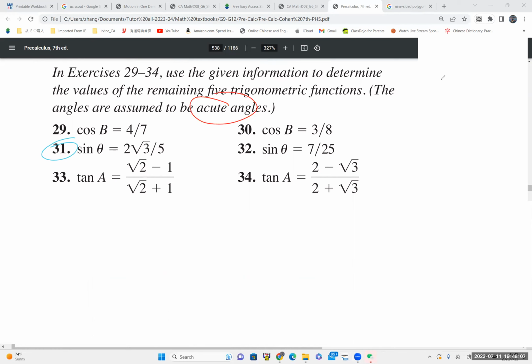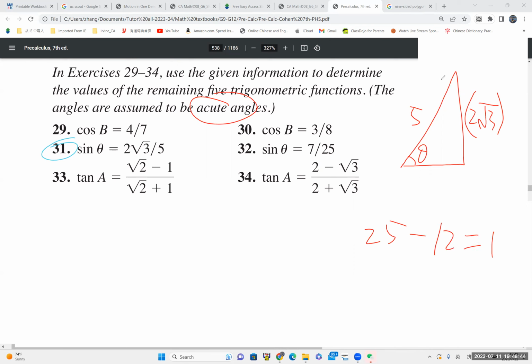So it's an acute angle. Even you can draw it, right? If this is theta, how about we suppose here is 5, then here is 2, right? Then how about here? It's 5 squared, 25, minus this square is 4 times 3, so then it's 13.